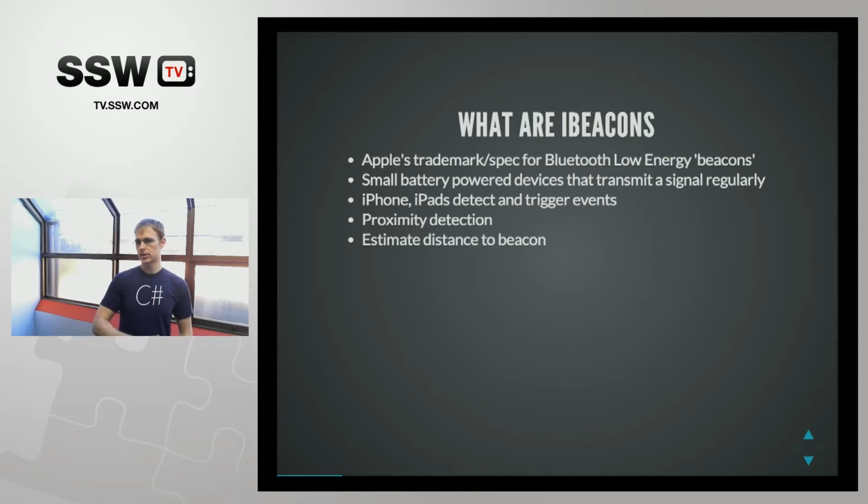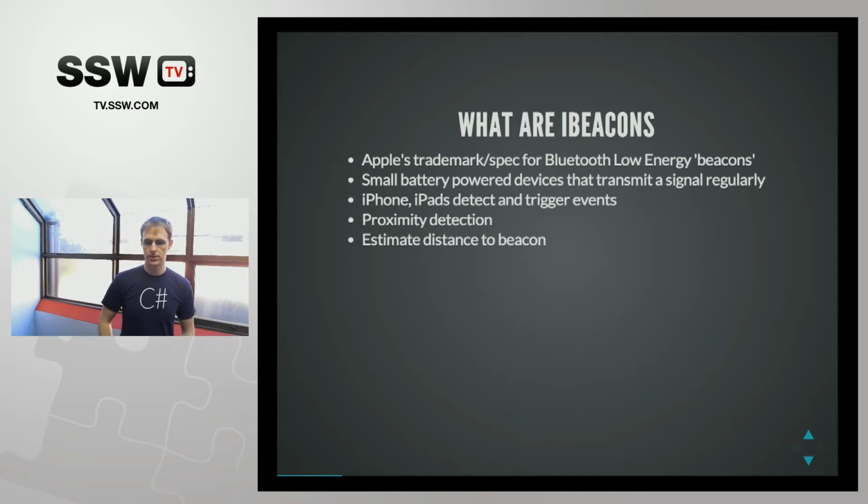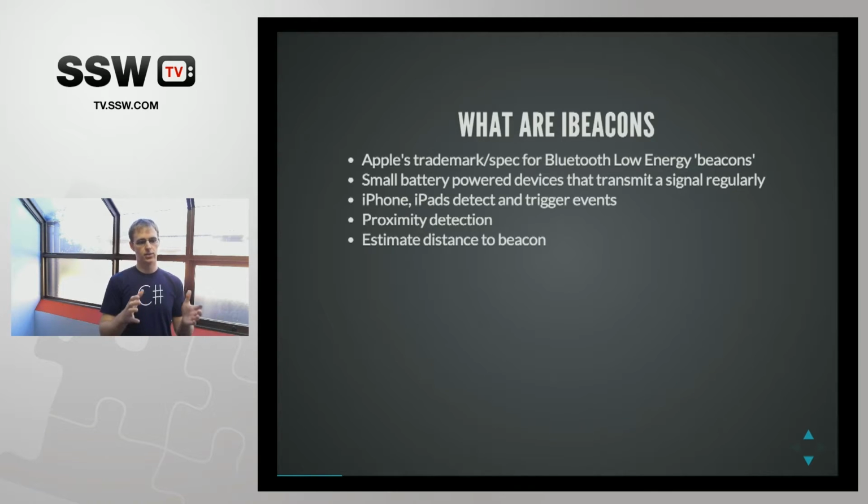So these devices transmit a packet. The iPhones and iPads detect the packet and then raise events based on the receiving of that packet. So just by definition, if you receive the packet, you're somewhat near one of these beacons, but you can also estimate your approximate distance to the beacon.